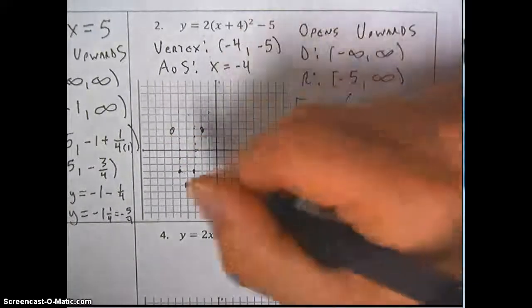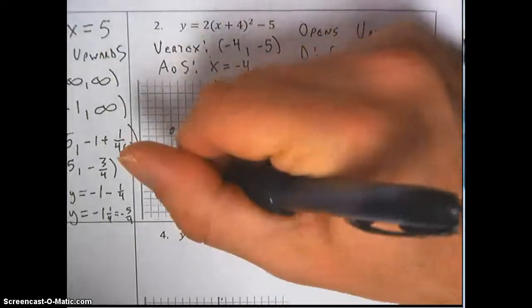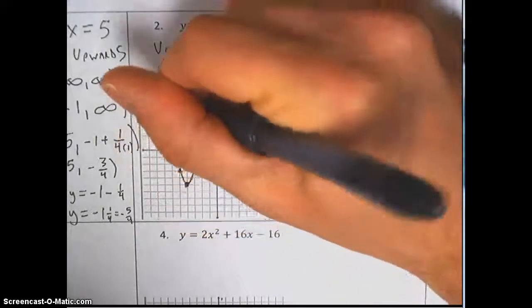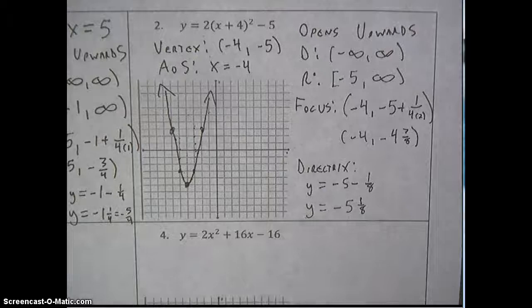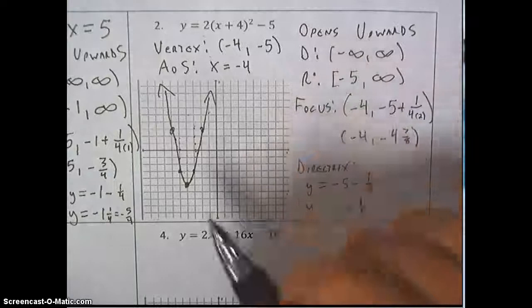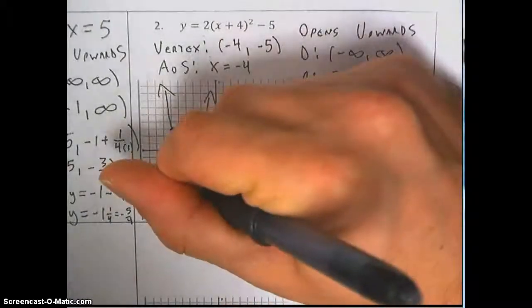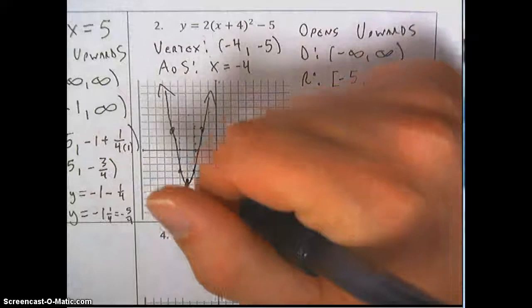And I'm not going to be able to get 10 more, so I'm just going to go ahead and graph this thing. So I've got my nice little parabola there. Now I want to graph the focus point, which I said is at negative 4 and negative 4 and 7/8. So again, this thing is really close to the vertex.